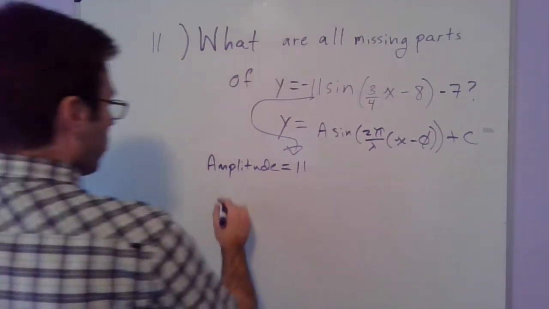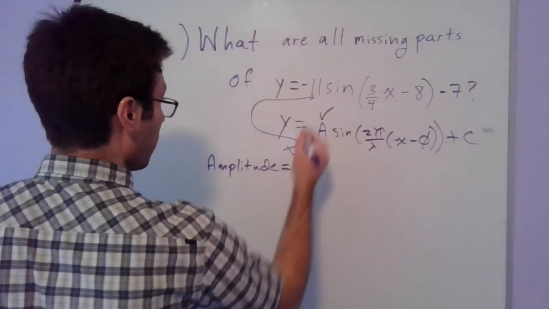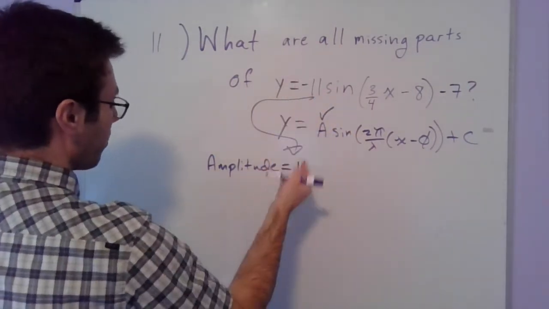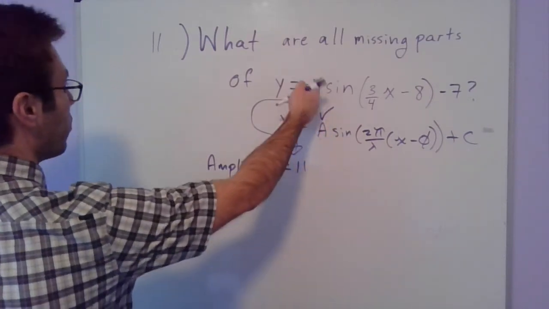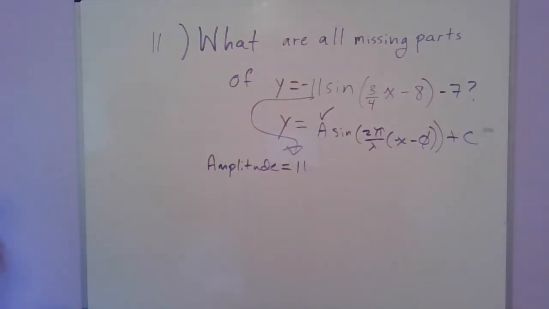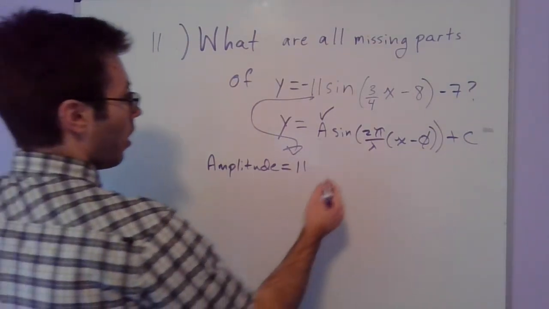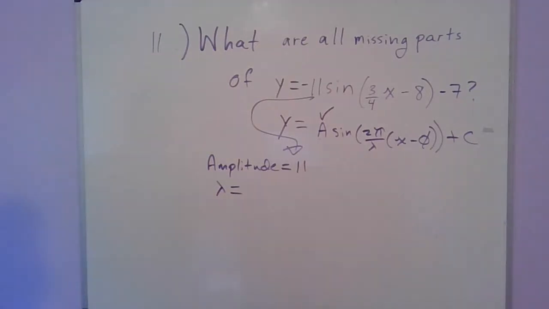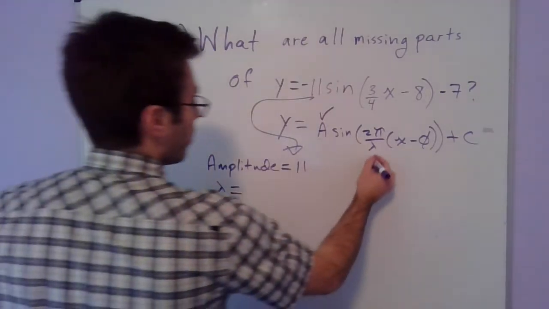Amplitude is done. A equals -11. The amplitude is the absolute value of whatever that value is. The amplitude is 11. Let's figure out what our wavelength is. We're on to here.